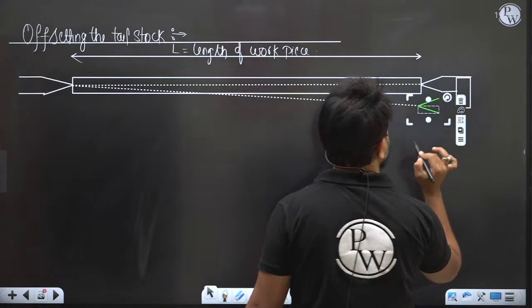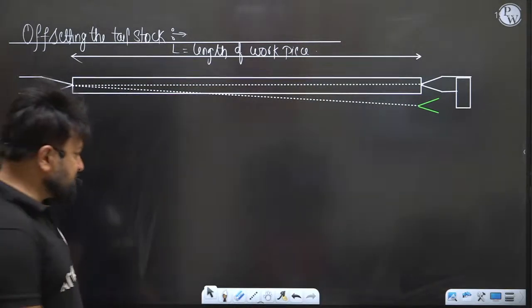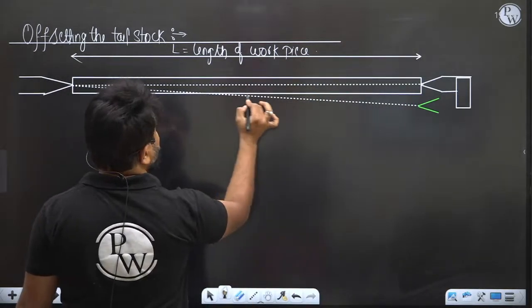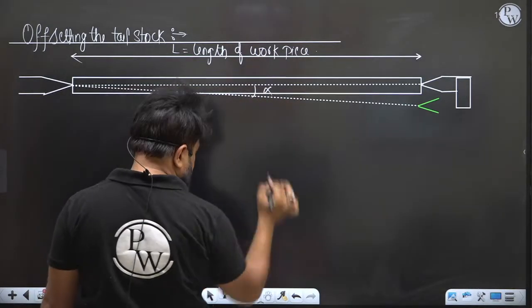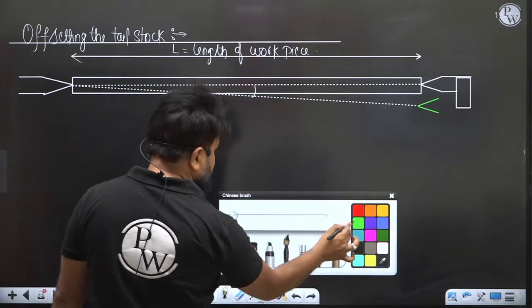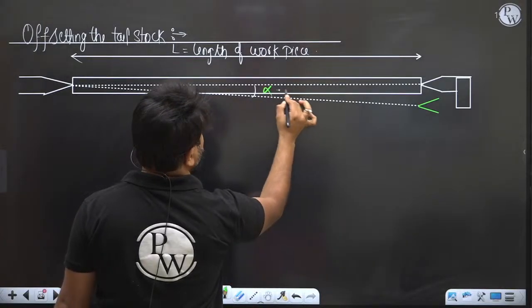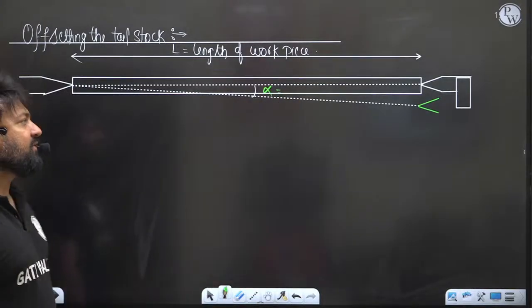Here we are going to offset the tailstock by a small taper angle, that is alpha, the half taper angle.